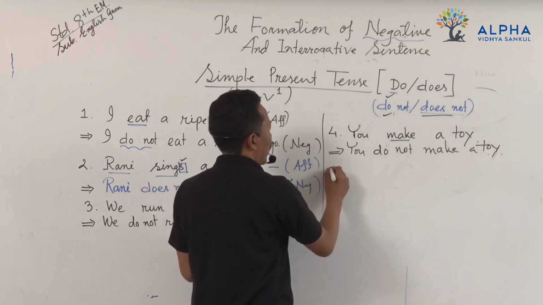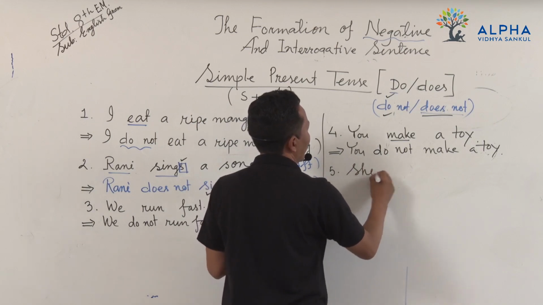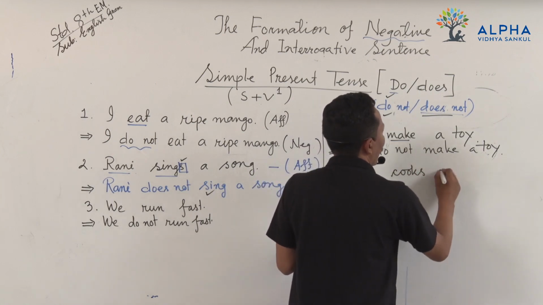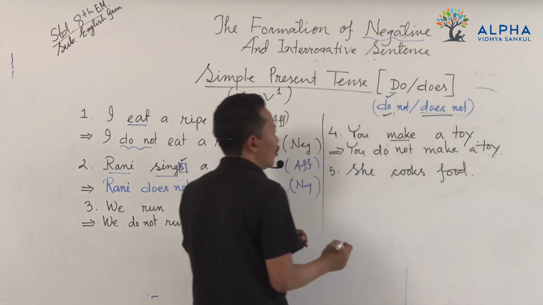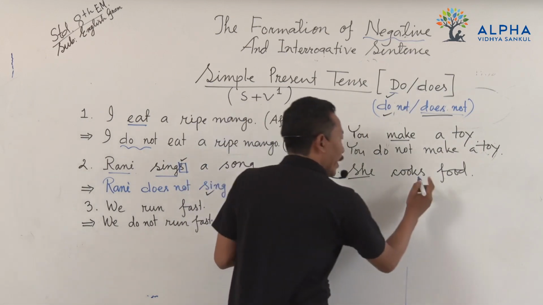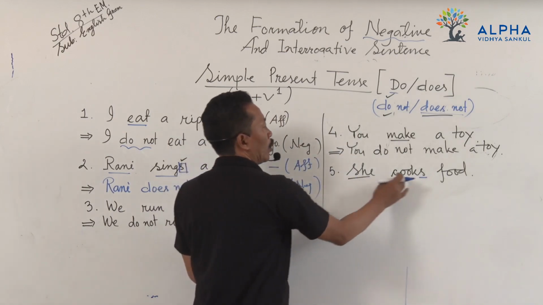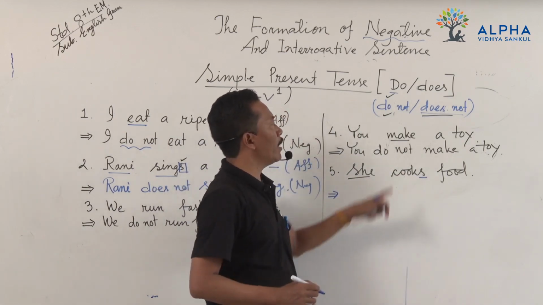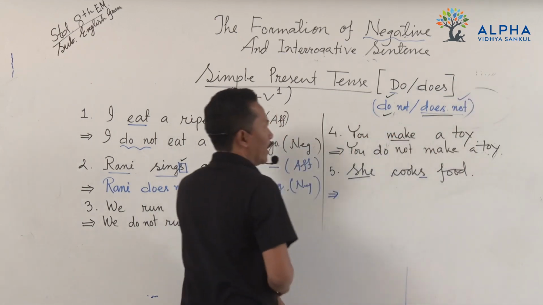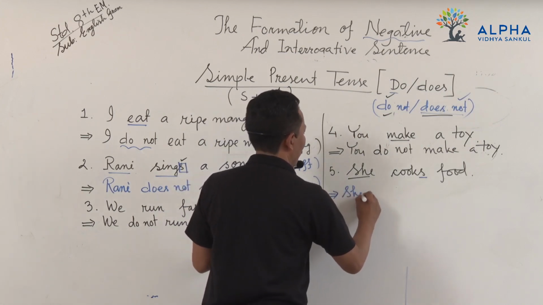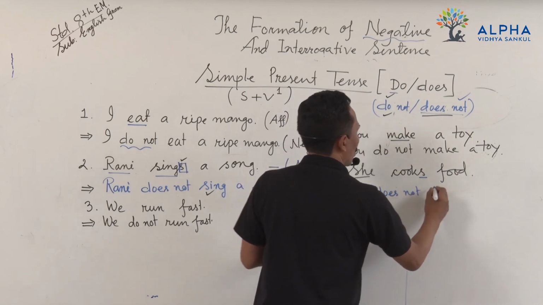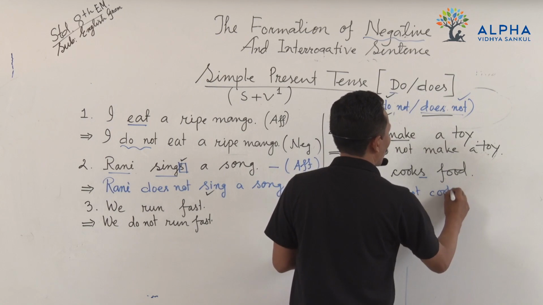And the last, I'll say, she cooks food. Here, you know, she is the third person singular number. And here S is also there. So which one is the right option? Do not or does not. The option is what? Does not. She does not cook food.